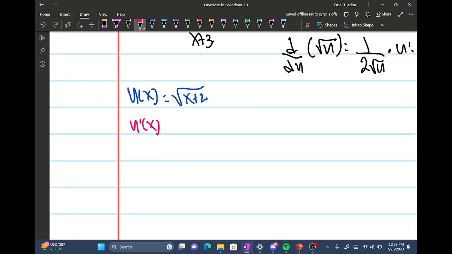It would go 1 over 2, times the square root of whatever's inside that square root. So that's going to be 1 over 2 square root of x plus 2, right?